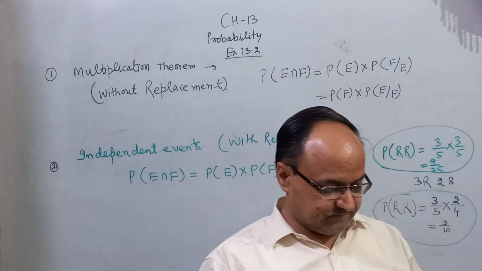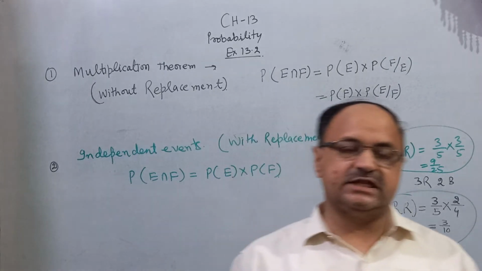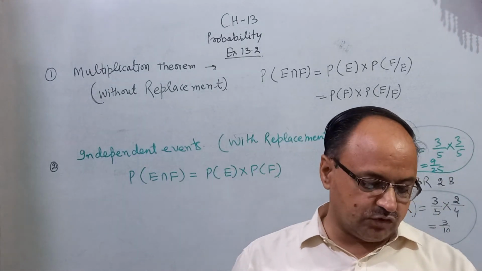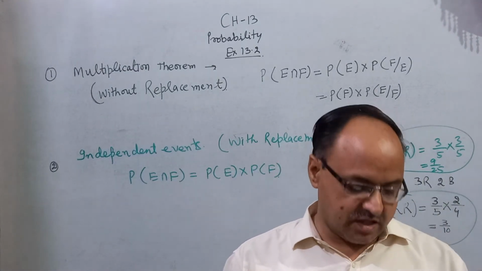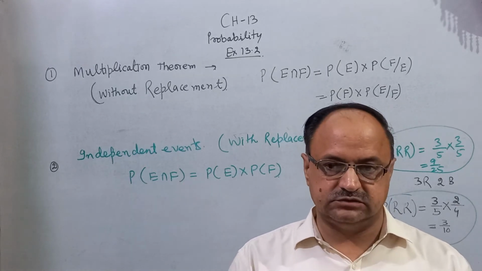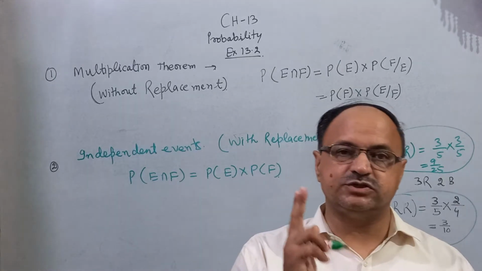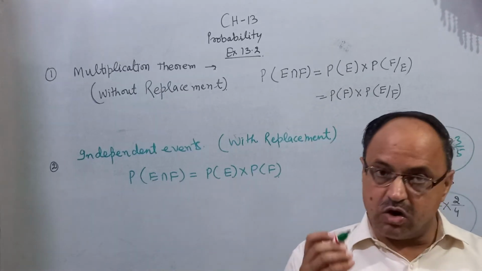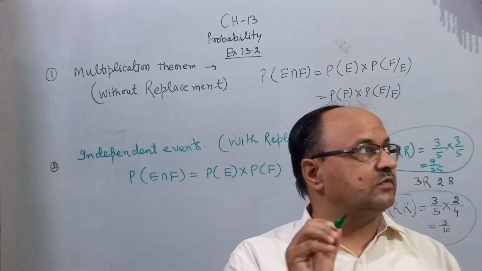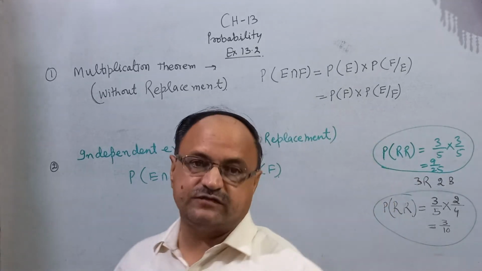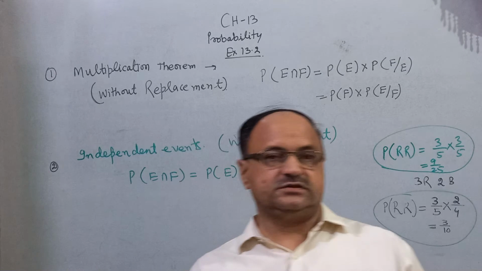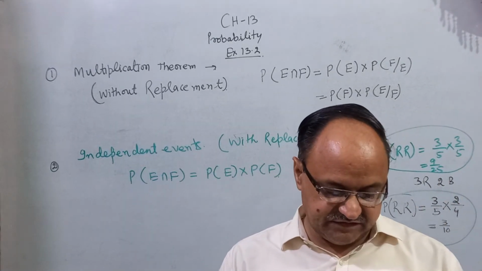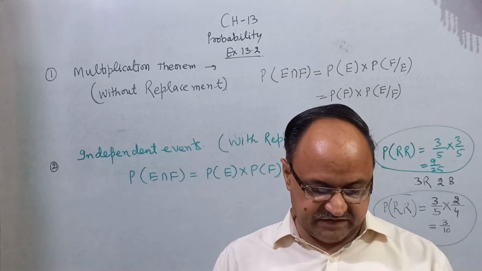Now you can say two events E and F are such that the probability of occurrence of one of them is not affected by the occurrence of the other. Clear? Such events are called independent events.